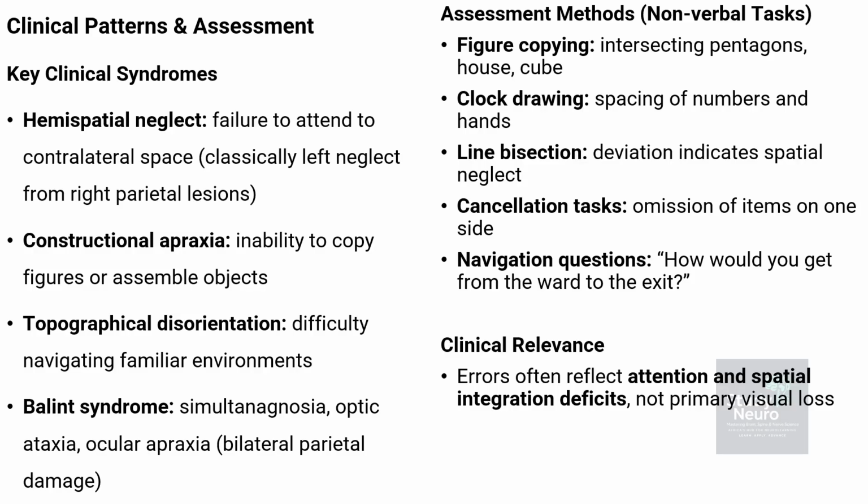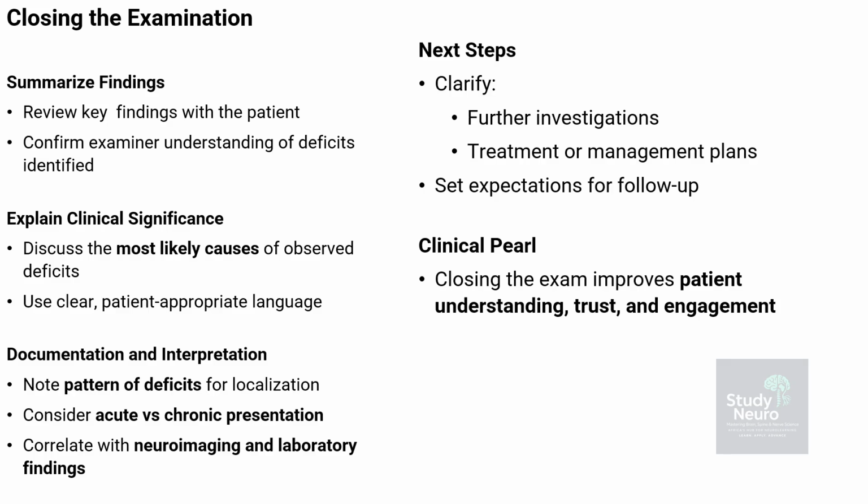Assessment is largely nonverbal and includes figure copying, clock drawing, line bisection, cancellation tasks, and simple navigation questions. Errors on these tasks usually reflect impaired spatial attention and integration rather than primary visual loss, making them valuable for localizing parietal lobe dysfunction.